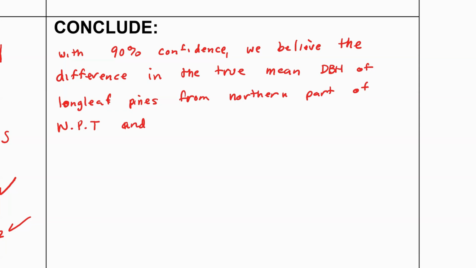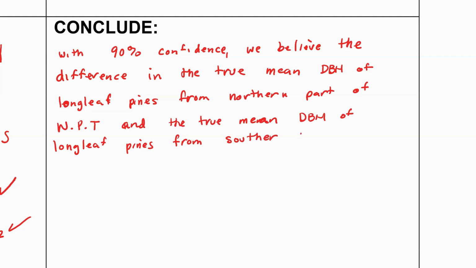and the true mean DBH of longleaf pines from the southern part of the Wade Preserve Tract is between, and I'll use the calculator one, negative 17.72 and negative 3.94.